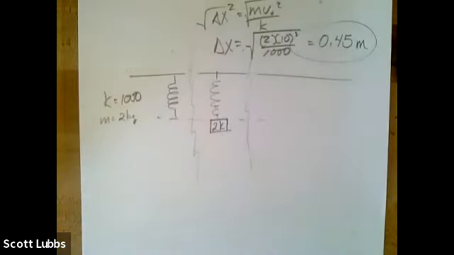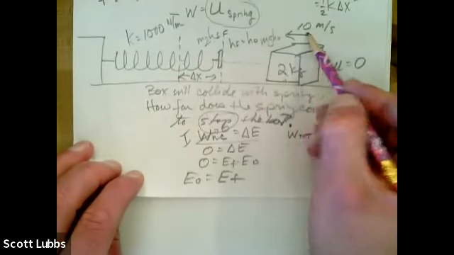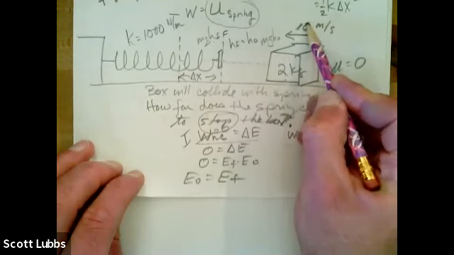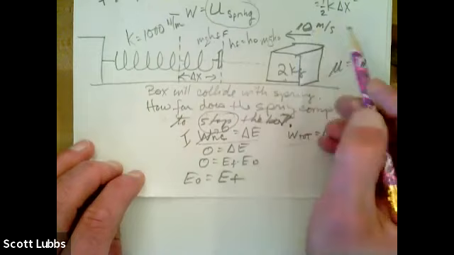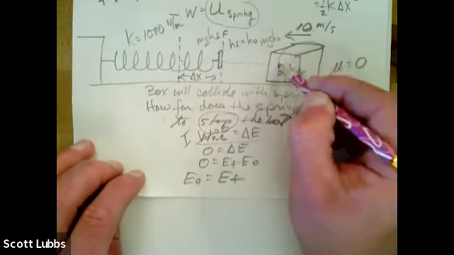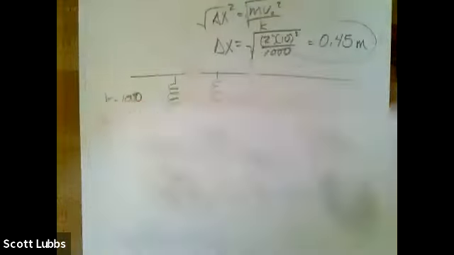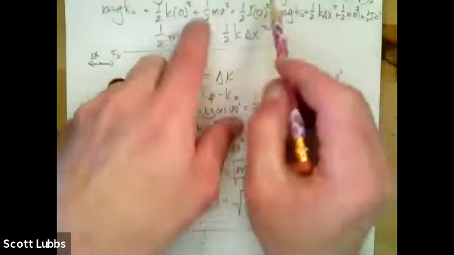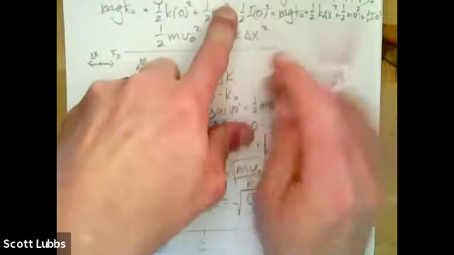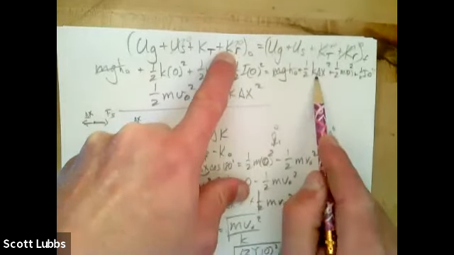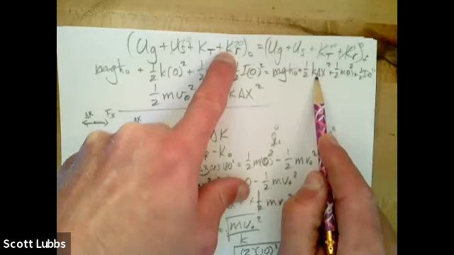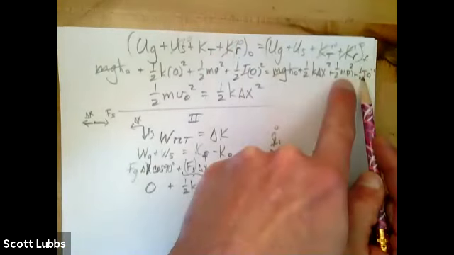Would the energy be distributed? Well, no. If it still has a translational speed of 10 meters per second, and it was rolling, then I have more energy on this side that the spring would have to absorb, if I'm getting to where it stops.